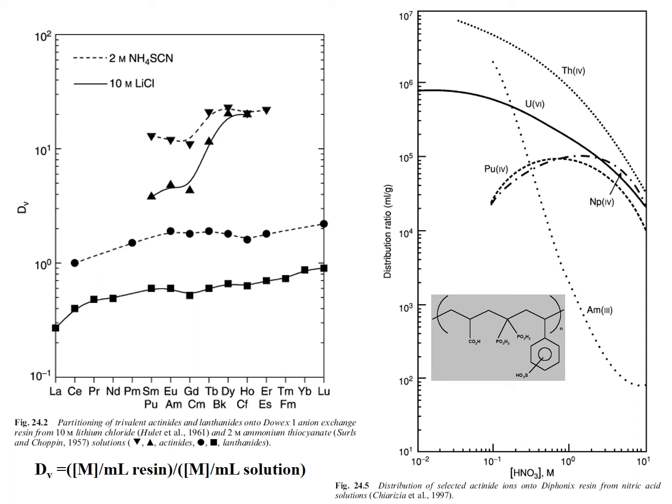Another system which demonstrates a separation amongst the actinides is shown here. Diphonics resin from nitric acid solutions. This is again a distribution coefficient, milliliters per gram. Again, rather large numbers, 10 to the 5th, 10 to the 6th.